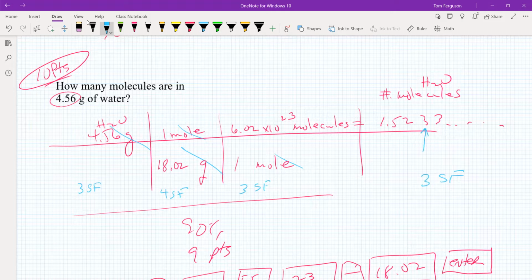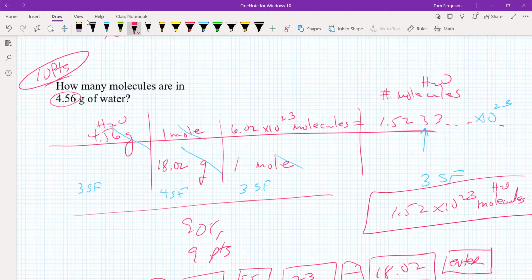That's 0 to 4, so we just drop it. So 1.52, and this is 10 to the 23rd. So our answer is going to be 1.52 times 10 to the 23rd molecules of water. So we have the 3 parts. We have the 3 sig figs, we have the numerical answer, and we have the units. That problem makes sense? Let's do another one.